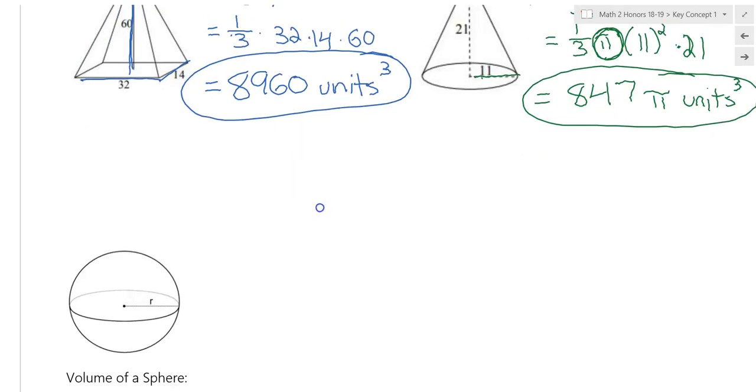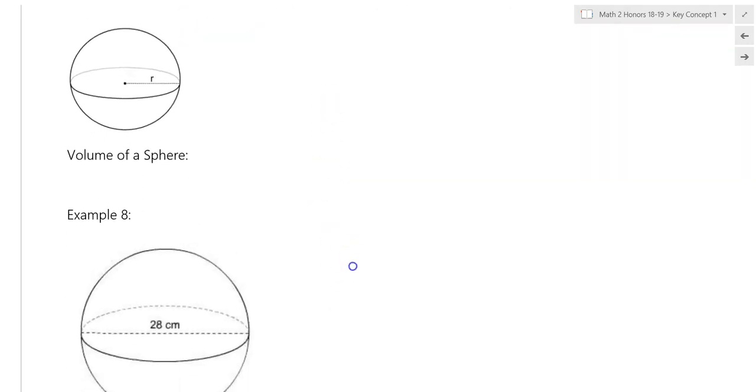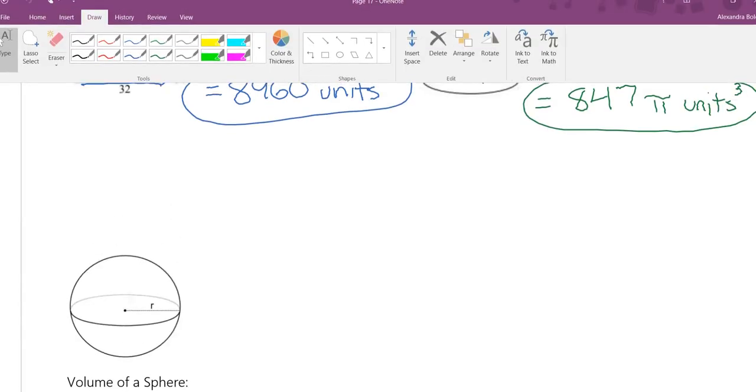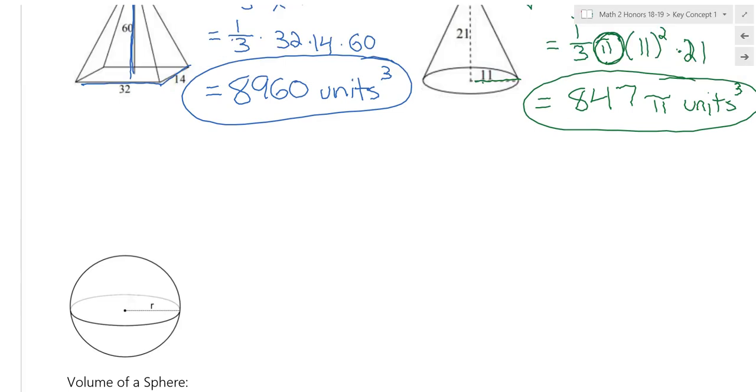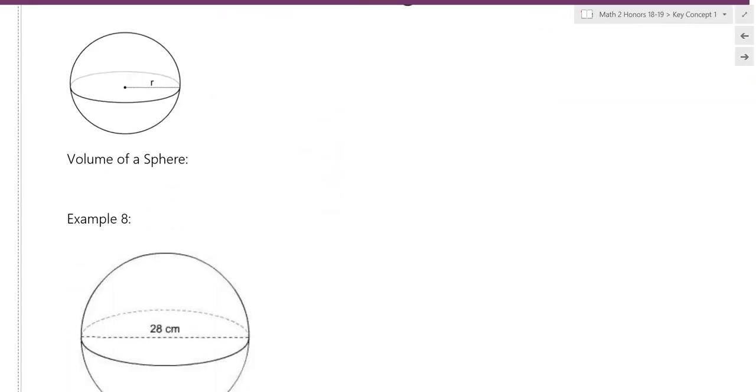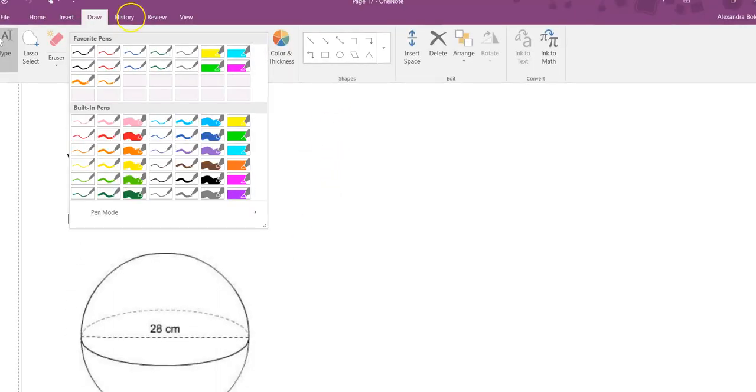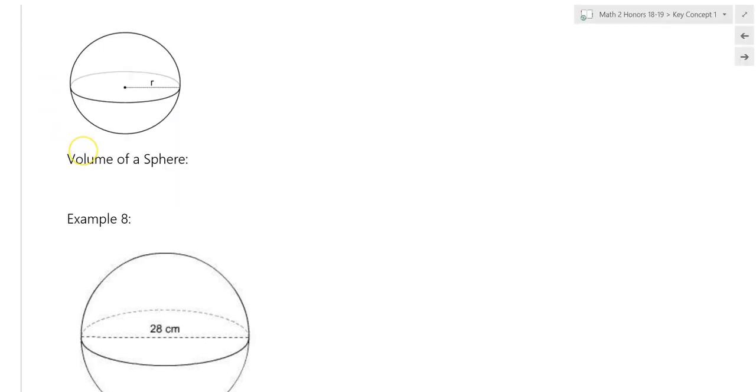All right, one last shape is a sphere or a ball, right? So the volume of a sphere, it's the weirdest one. The volume of a sphere is just 4/3 pi r cubed.